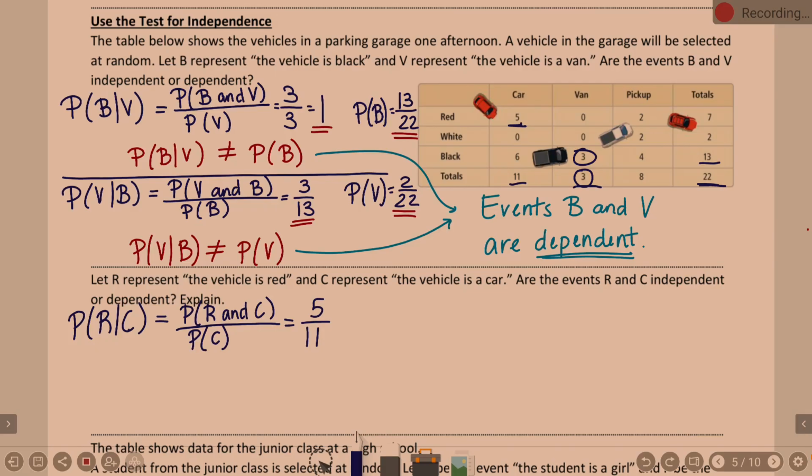P of R, the probability that it is red. So we're comparing to the initial probability just without the condition this time. What is the probability a vehicle is red? 7 vehicles out of 22.